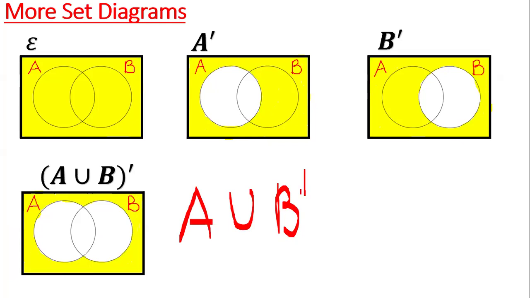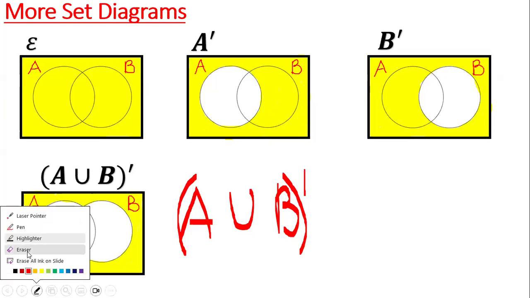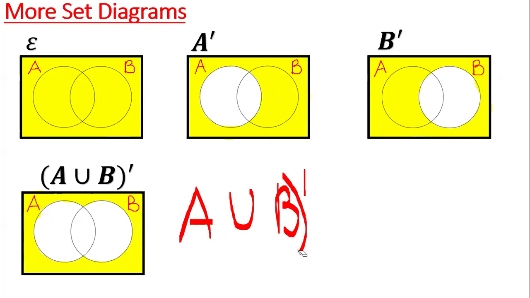But we don't want that. We want A union B, all of it complement. If we had it like this, you would have to think that only B is complemented. So you just have A plus the complement of B. You understand that, Xavier?